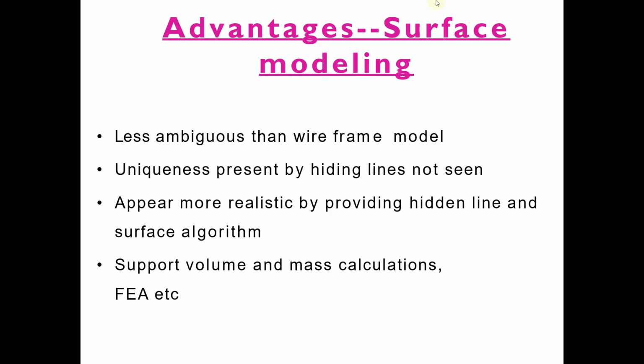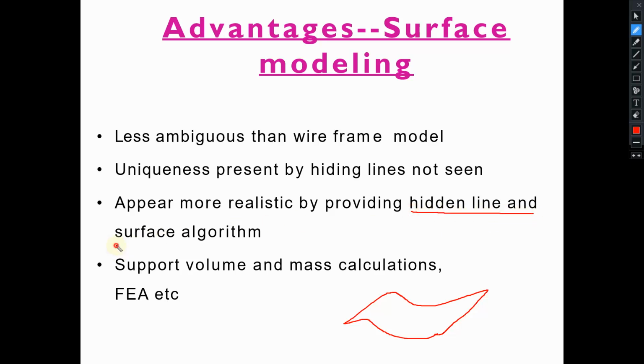Once we create a surface using a wireframe or a line, after you create the surface, that line will not be shown, only the surface will be shown. That is because in the background an algorithm is being run by the software, that is the hidden line and surface algorithm, one of the algorithms that is being run.